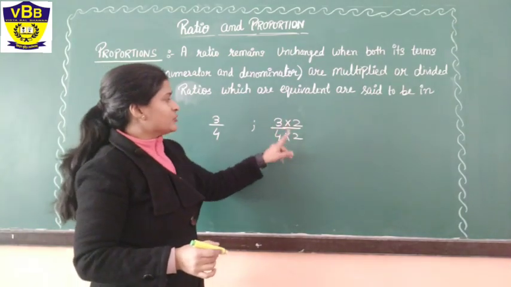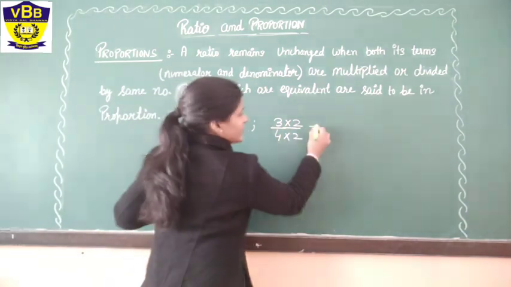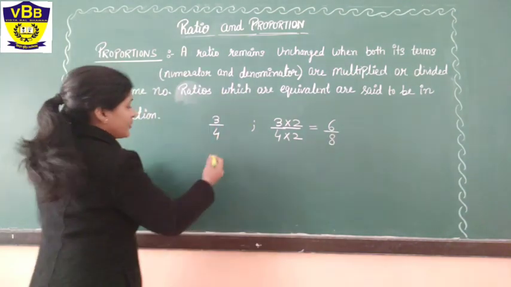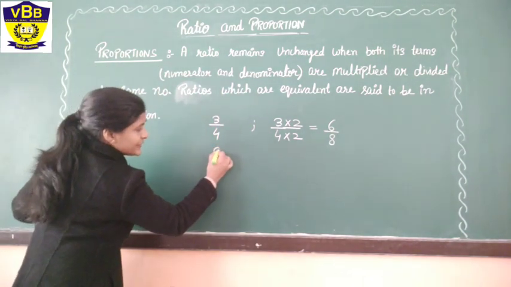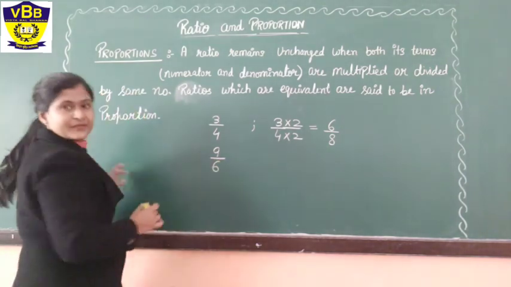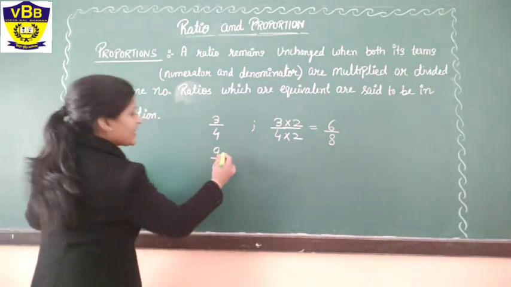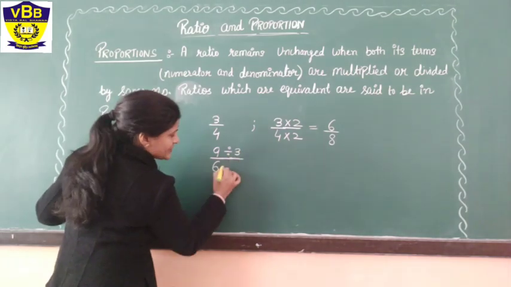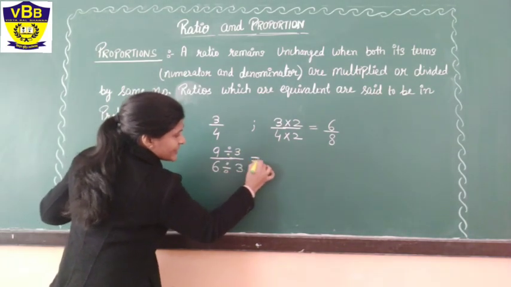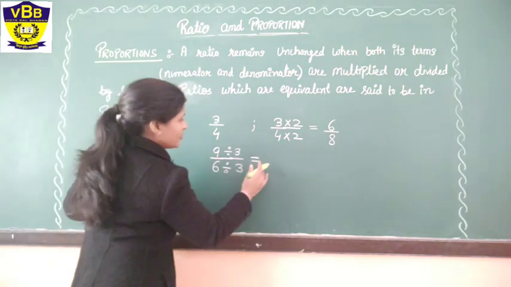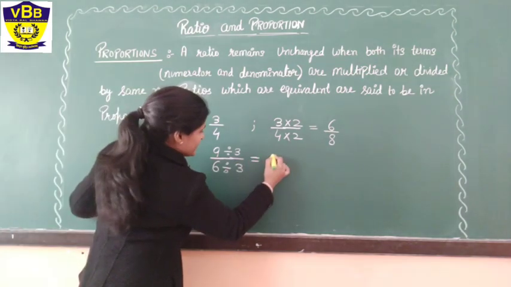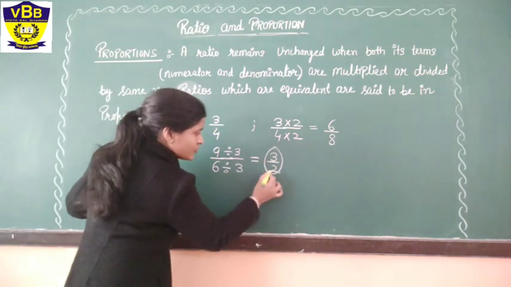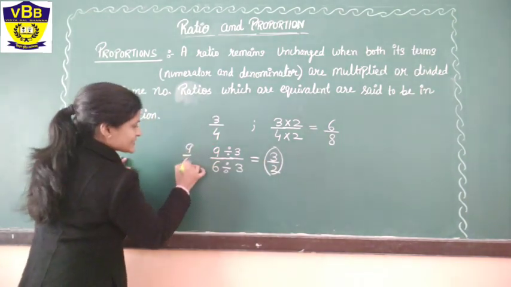Multiply the numerator by 2, the denominator also by 2. So we get 6 by 8. Now take one more example: 9 by 6. If we divide by the same number, now the value will be 3 by 2. So the ratios 3 by 2 and 9 by 6 are equal.